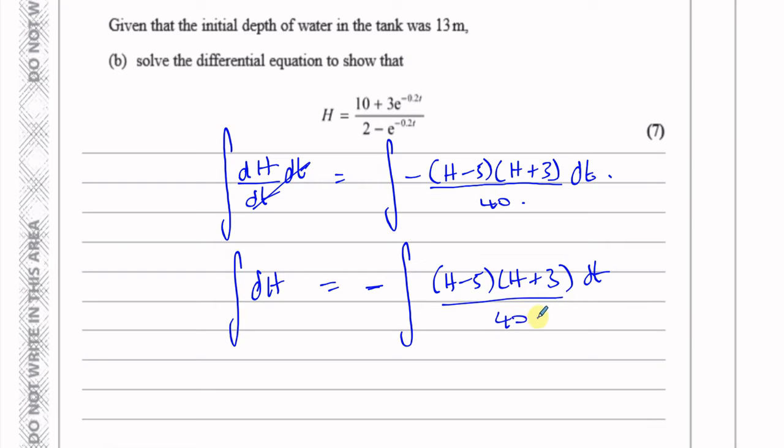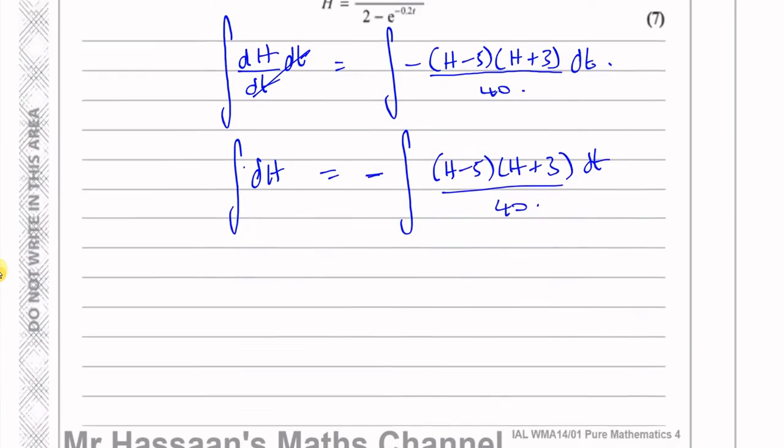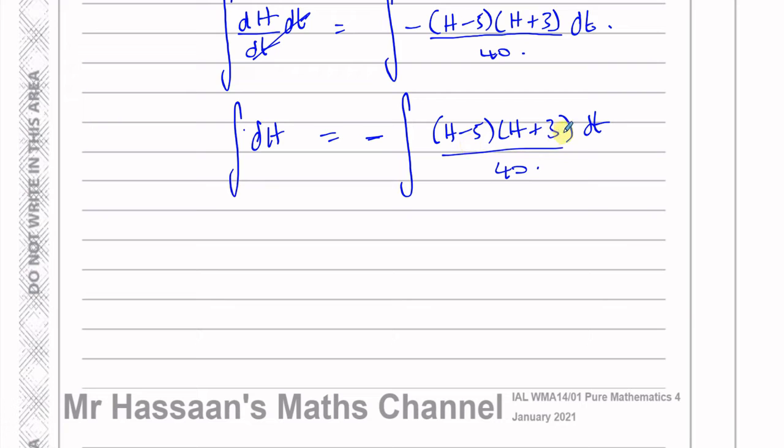Okay, so now you're integrating this side with respect to h and this side with respect to t. So any h terms must end up on the side where it says dh, and any t terms must end up on the side where it says dt. That's what's called separating the variables. So I'm going to divide both sides by (h minus 5) times (h plus 3).